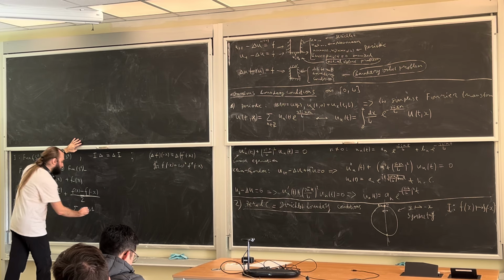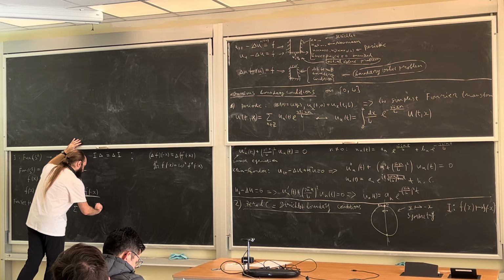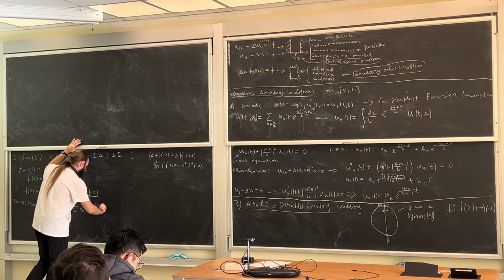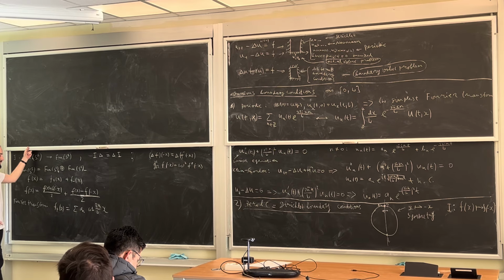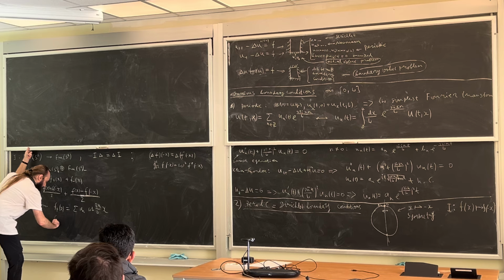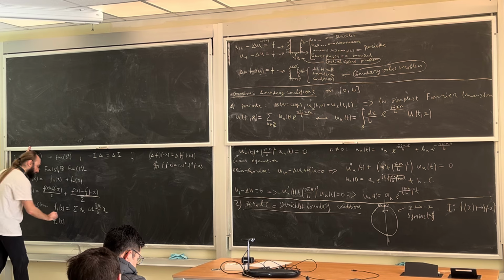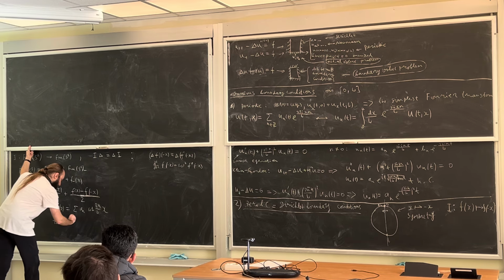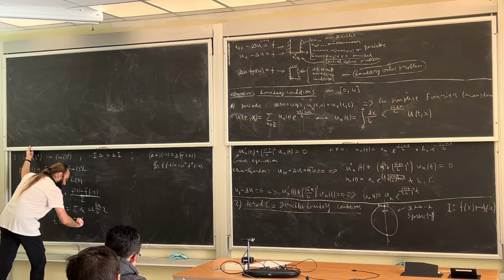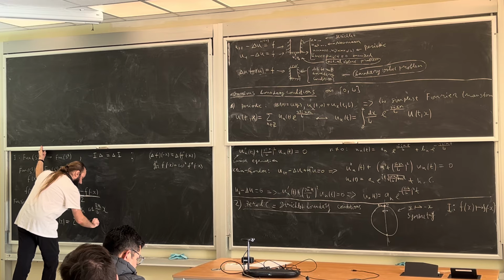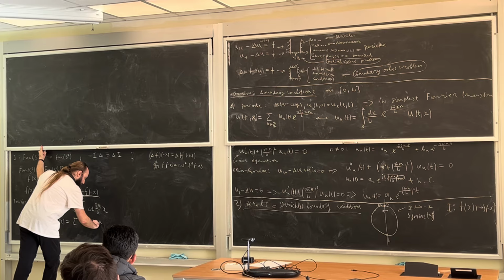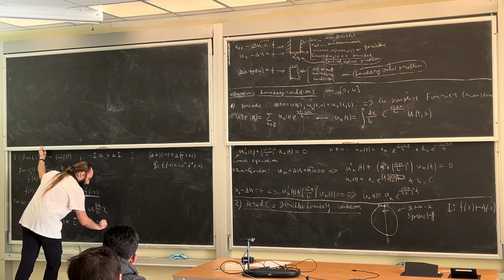Sine in this case of pi n over L x, and for the odd function f minus of x will be sum of bn sine of pi n over L x.